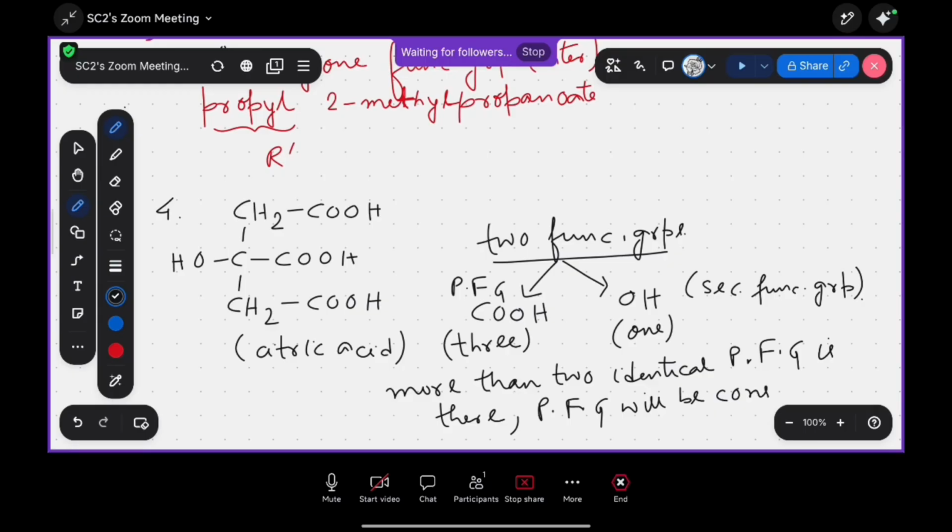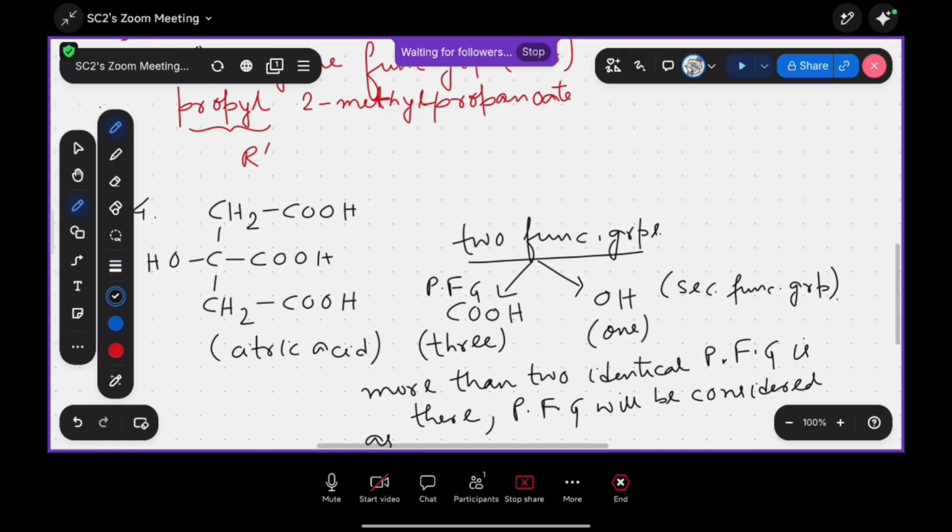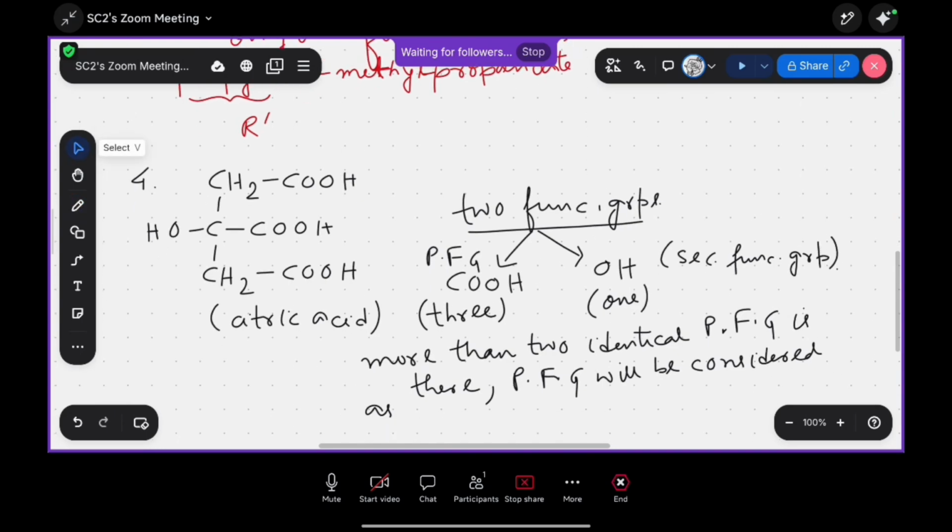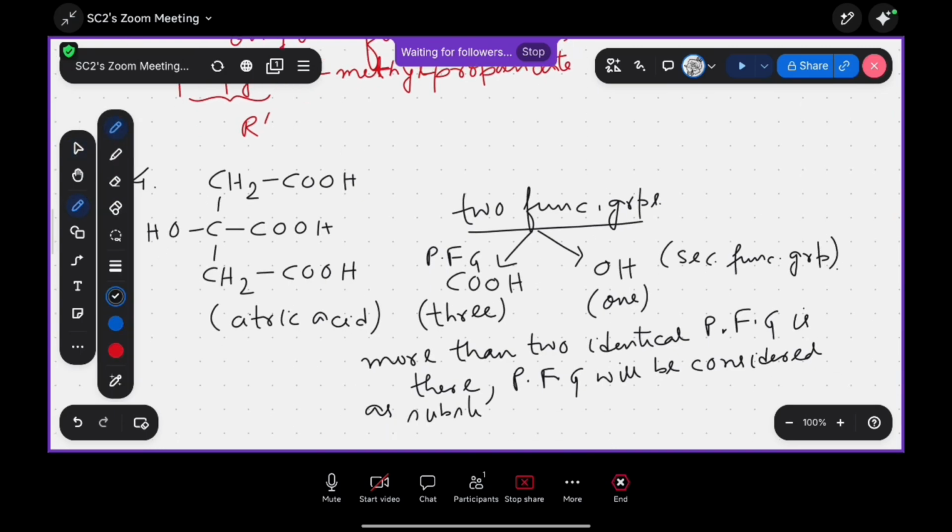They will no longer be part of the parent chain. They will not be considered in the word root. They will only be considered as substituents. This is a very important rule. Not within the parent chain.